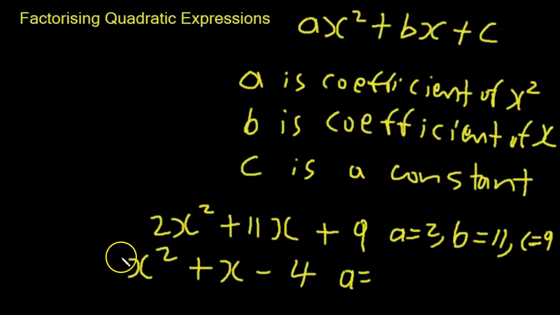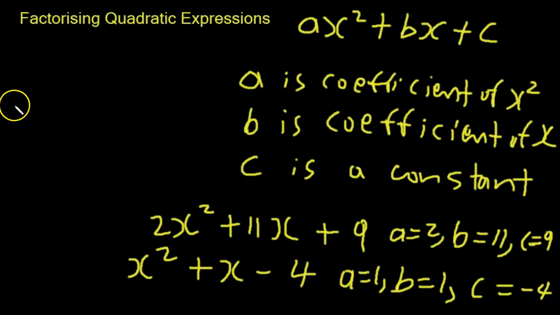Just as x is 1x, in the same way x squared is 1x squared. So a is 1. And b is a value in front of the x. So no, it's not 0. x actually means 1x. So b is 1. And the constant there is minus 4.